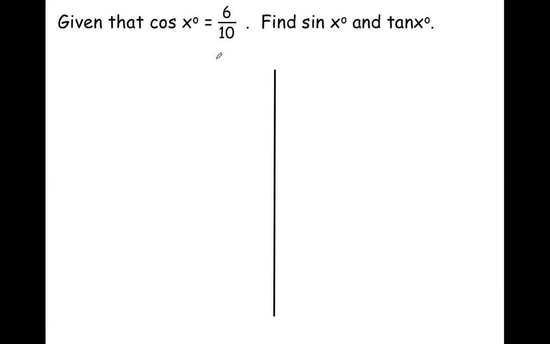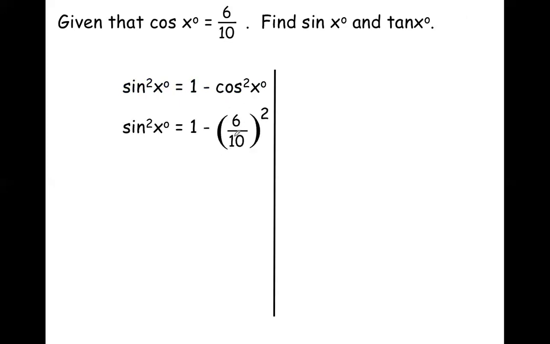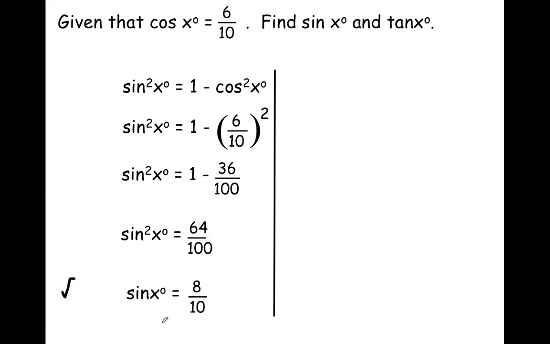Now you could be asked something like cos x equals 6/10, find sine x. We do the same thing again. Sine square is 1 minus cos square. So 1 minus (6/10) squared gives 1 minus 36/100, so 100 minus 36 is 64. 64/100, so sine x is 8/10. So I've got sine x and cos x, and what did we say tan x was? Tan is just sine over cos. So you do 8/10 divided by 6/10.